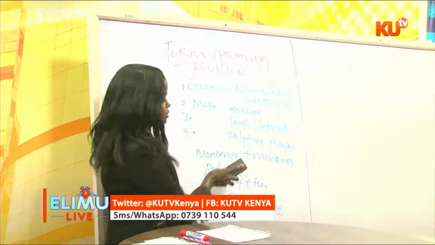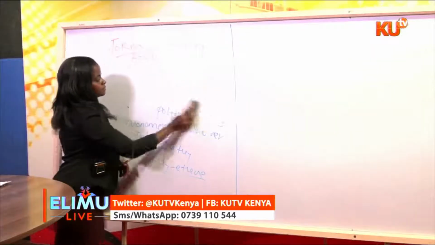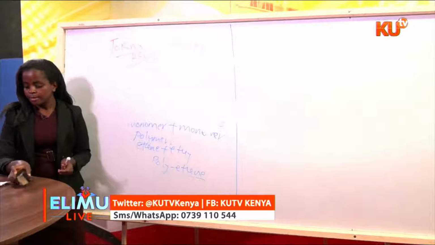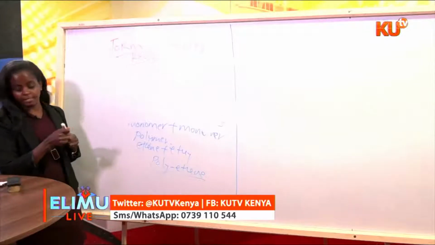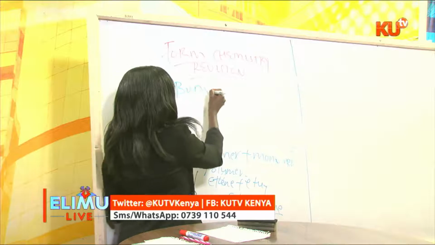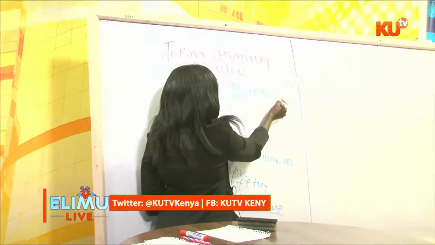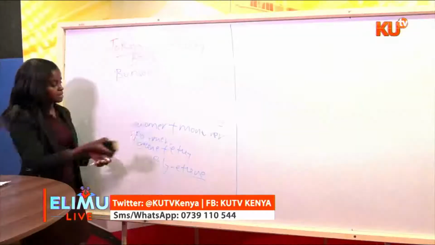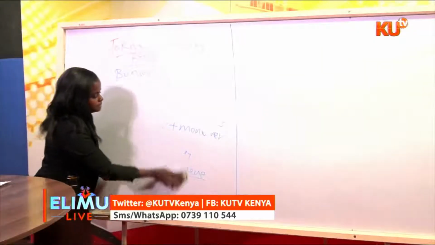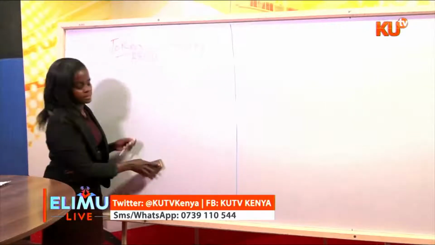Now the second question for this revision is, below is a diagram of a Bunsen burner. So I will draw a Bunsen burner. Let me just write the whole question.